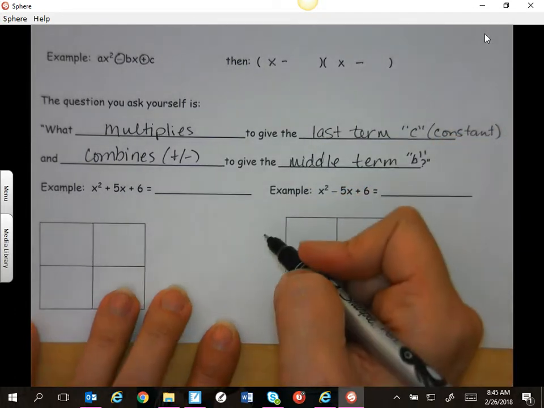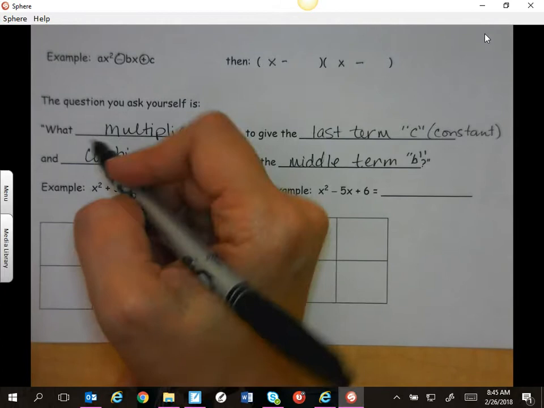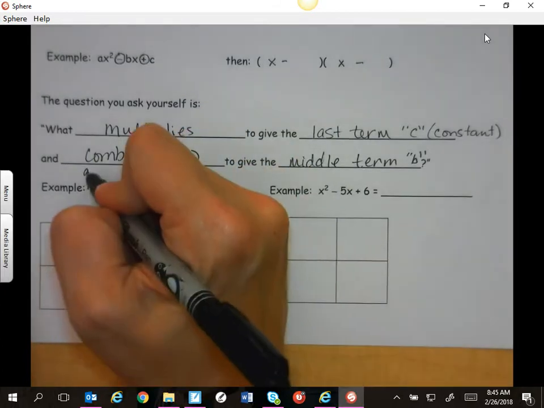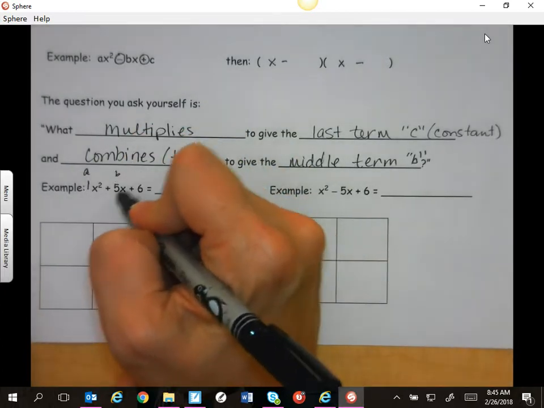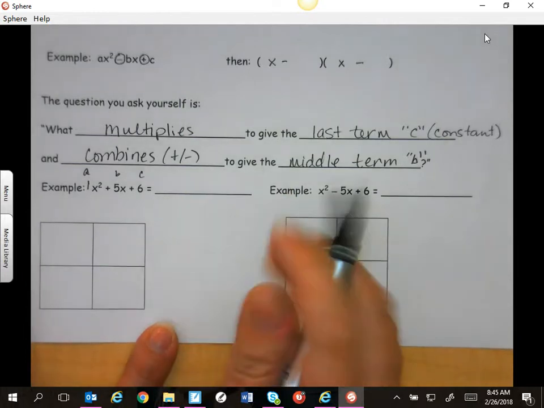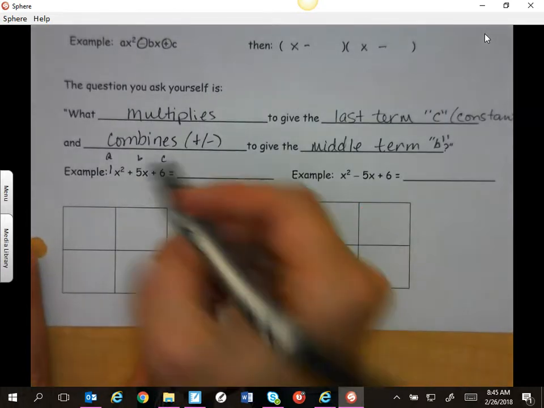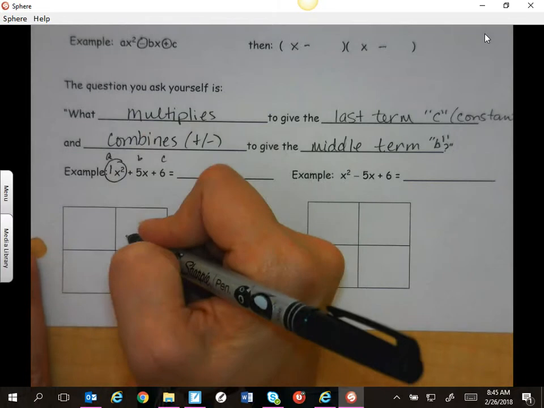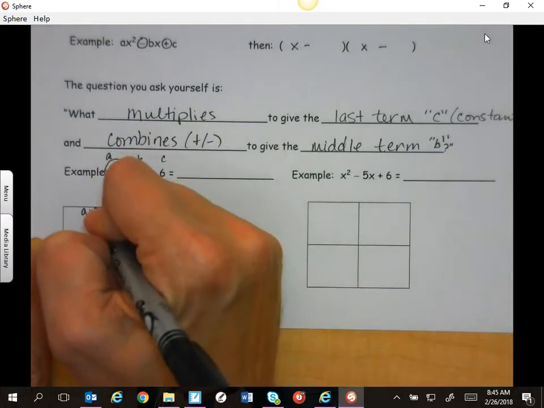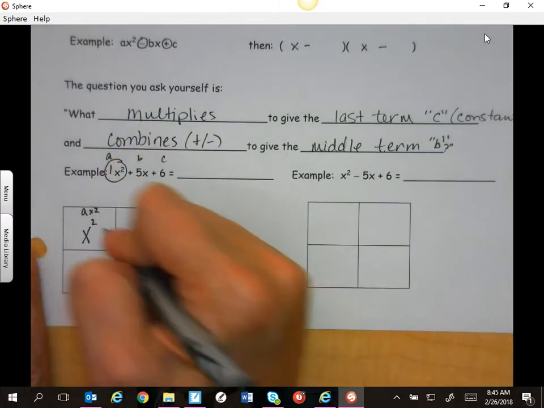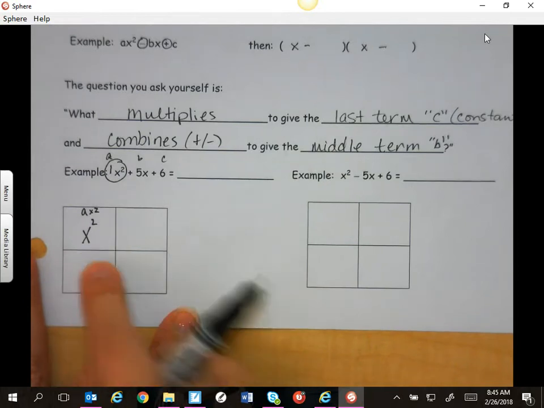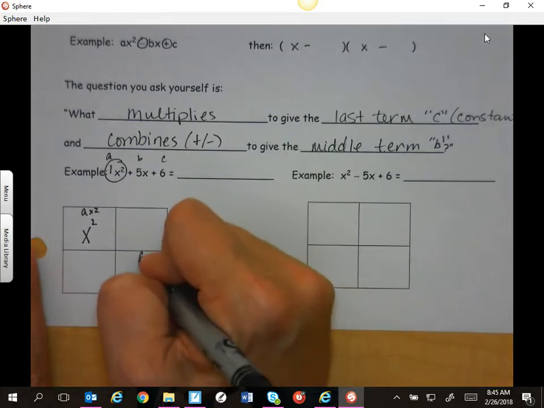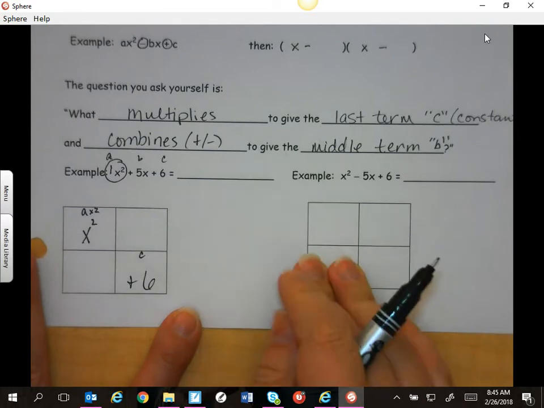For example, here you can see that my a is technically 1, b is positive 5, and c is 6. When we were looking at boxes before, this a term, ax squared, always goes in the upper left-hand corner, and your c term always goes in your bottom right.